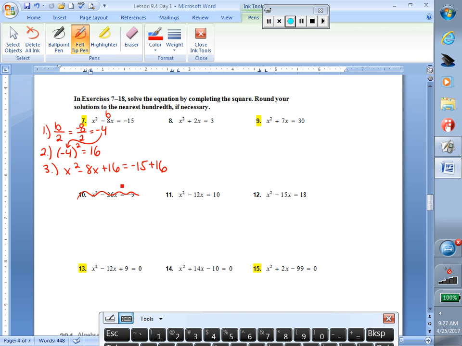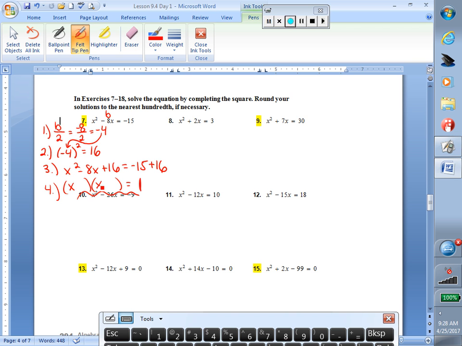After we added those tiles on, those boxes, our next step from there was to factor. Since we made a square, we know that the expressions in the parentheses have to be the same. The dimensions of the square have to be the same.